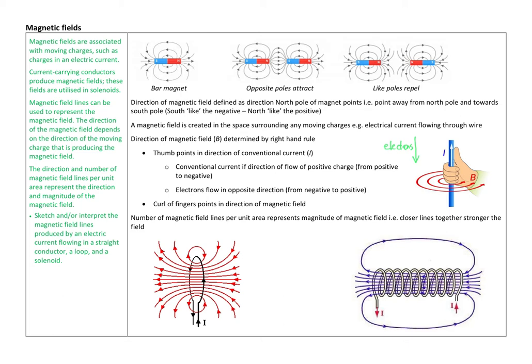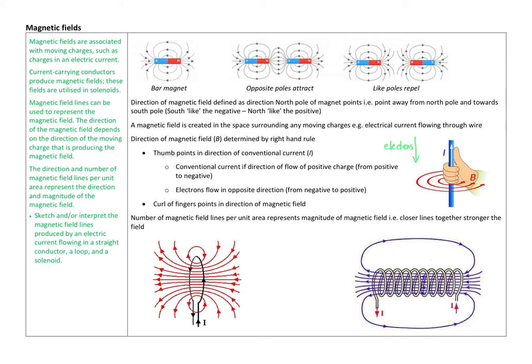So it's a little bit confusing, but hopefully it doesn't cause you too much trouble. Once you get used to it, you've always just got to remember, are they talking about the flow of electrons? If they're talking about the flow of electrons, you've got to remember, well, conventional current goes in the opposite direction.